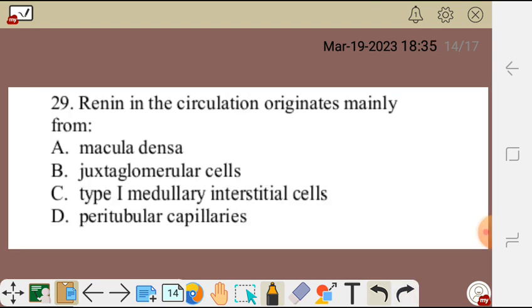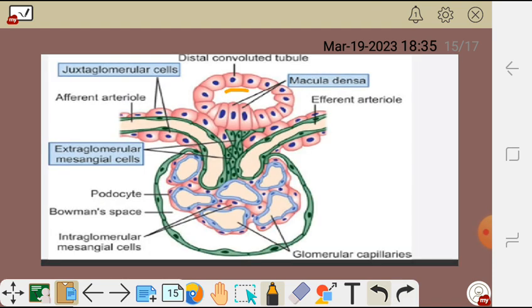Question 29. Renin in the circulation originates mainly from A, macula densa, B, juxtaglomerular cells, C, type 1 medullary interstitial cells, and D, peritubular capillaries. Renin in circulation originates from the juxtaglomerular cells. Here we have the macula densa in the distal convoluted tubule, followed by the messenger cells.